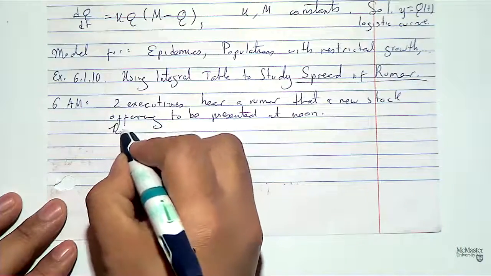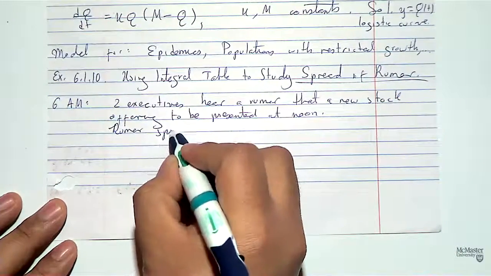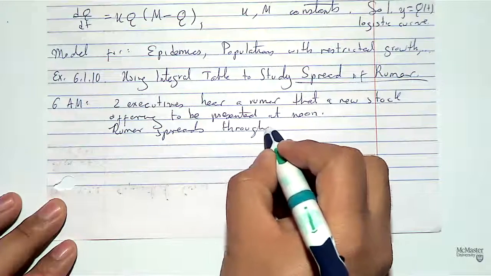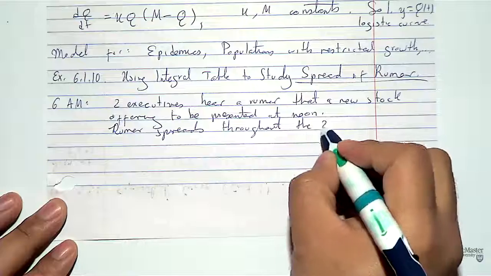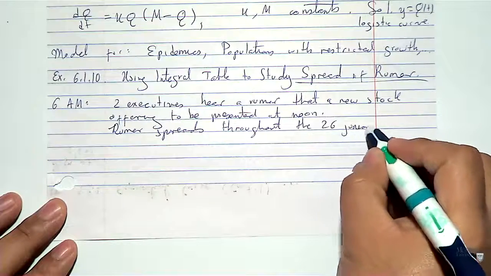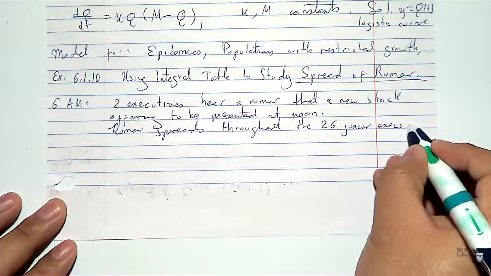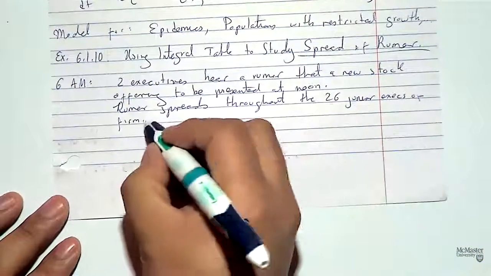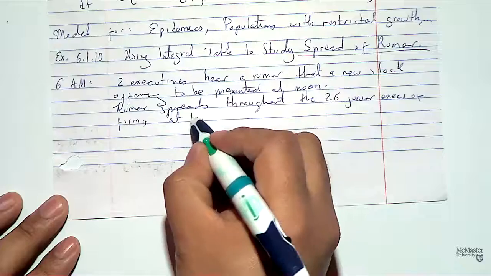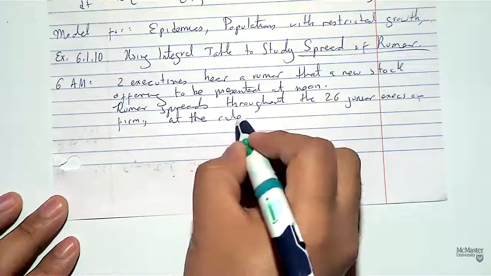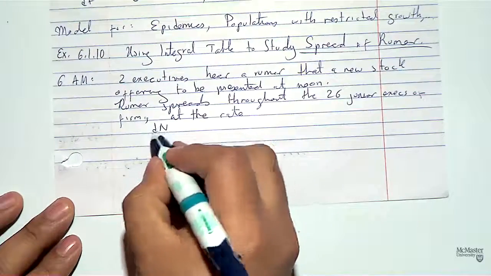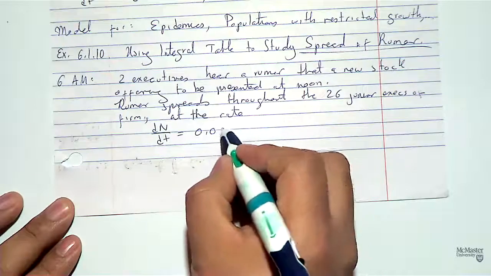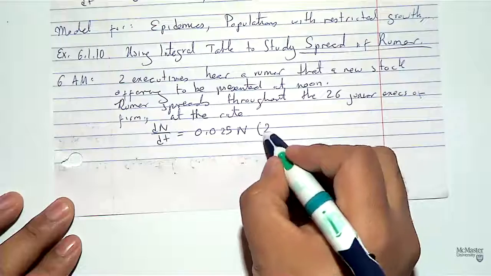So the rumor spreads throughout the 26 junior executives of the firm, and you're given the rate: 0.025 n times (26 minus n).